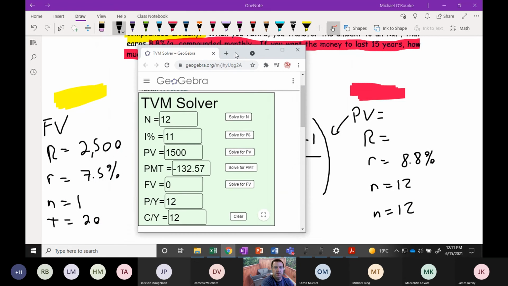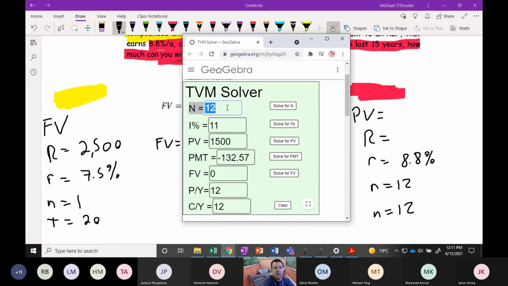TVM solver. So my N here is 20. My interest rate is 7.5. My present value in this case is 0. My payment is 2,500, and I'm going 1 time per year.